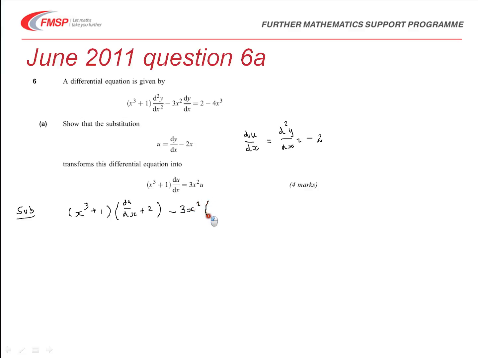So again, if we rearrange this, this will become u plus 2x, and that will equal 2 minus 4x cubed.